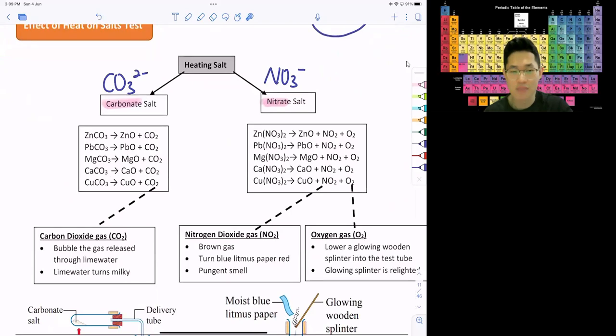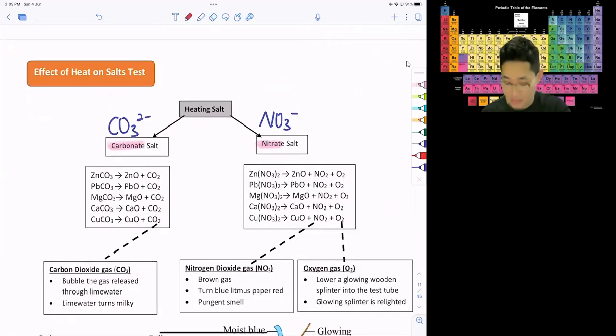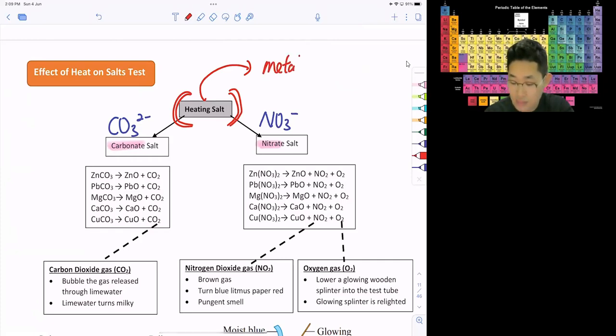When a salt is being heated, you have to remember that this reaction will always produce metal oxide and gas.